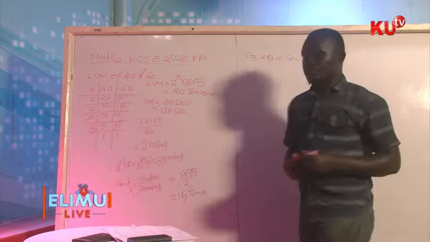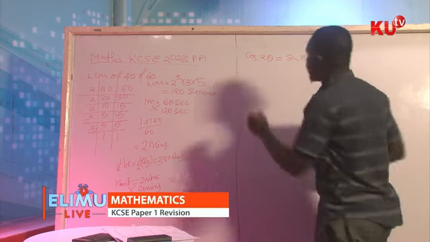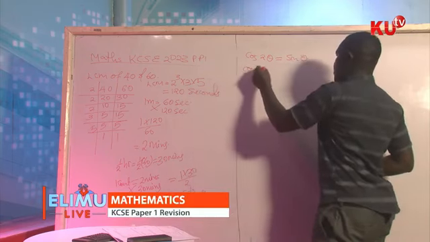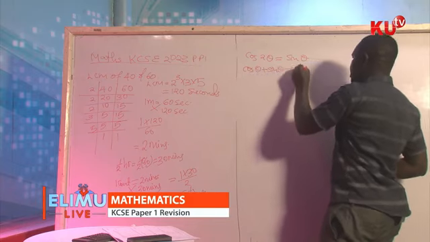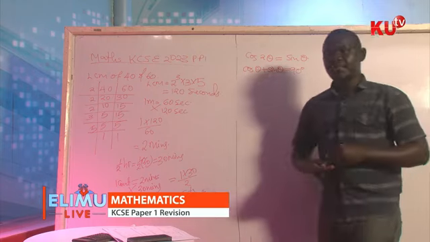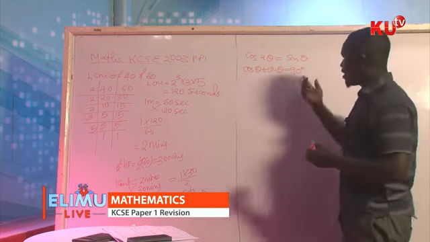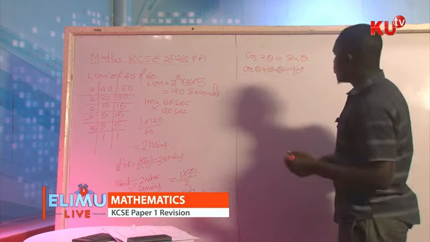Now, the identity rule that should come here is cos theta plus sin theta should give you 90 degrees. So that is the concept that they are testing there. Are you able to relate this concept? So how do you proceed?